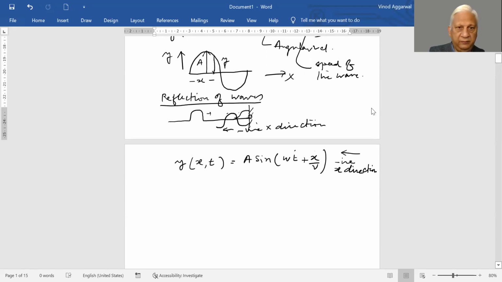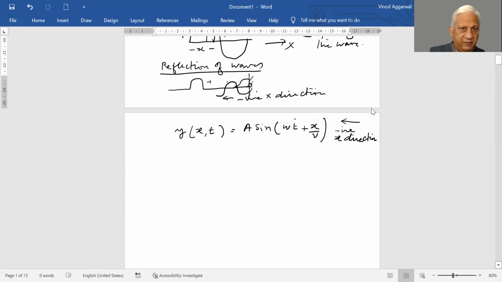Now let us see other ways in which the wave can be reflected. Let us say we have a rope which is thin here and very thick here. Then the wave which was going like this progresses here.